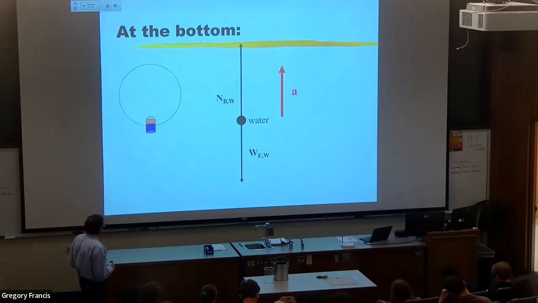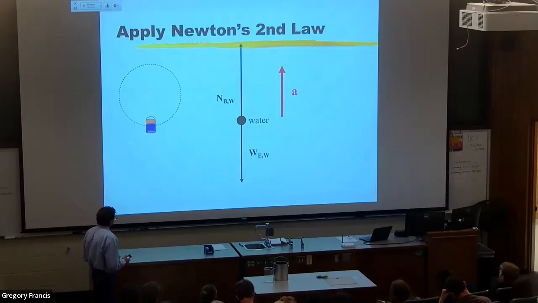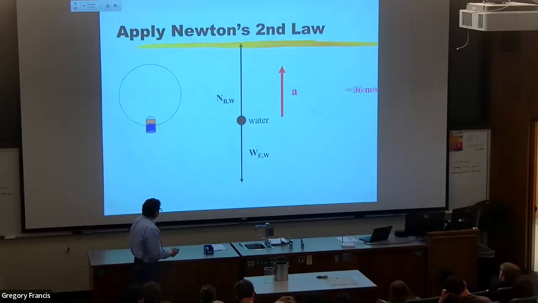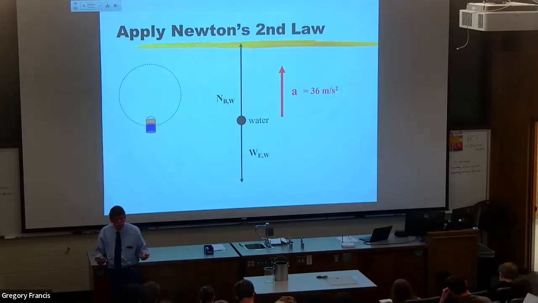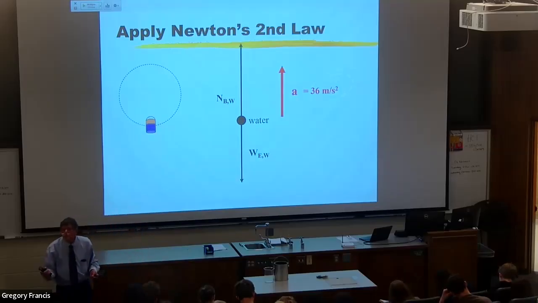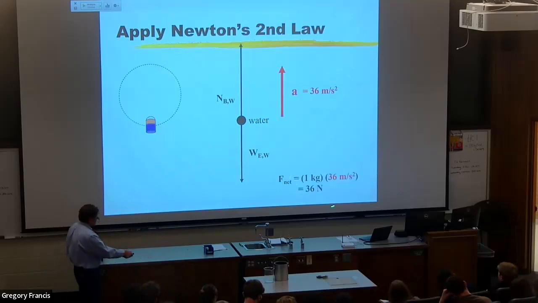Okay. Now let's find out how big it is by using Newton's second law. This is still 36 meters per second. V squared over r didn't change in magnitude. The vector just changed direction. But now if I use the 1 kilogram to find the net force of 36 newtons, the net force has to be up.